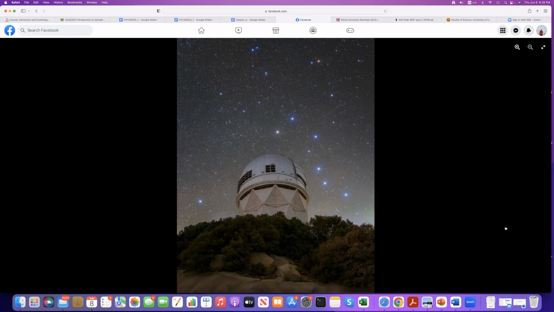This is in fact not the constellation that I need to highlight. This is actually the asterism that we talked about a few minutes ago. This is the Big Dipper asterism.